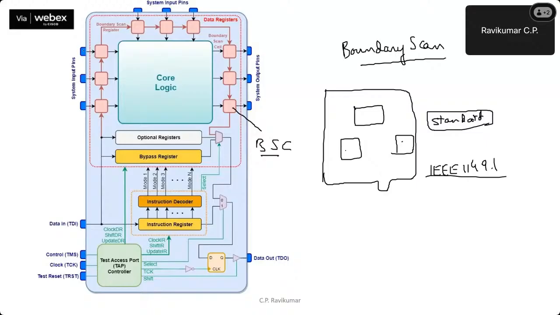So if I wanted a jumper wire, I would have created a jumper here, and I would have applied some patterns here, right? But now I don't have a jumper wire, but what I can do is, suppose I wanted to apply a 101 pattern here, I can bring the pattern sequentially through this wire known as the test data input, and I can shift in that data here.